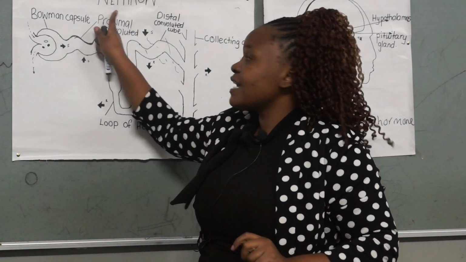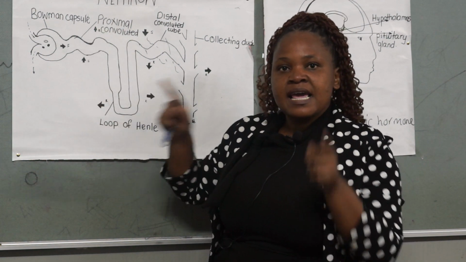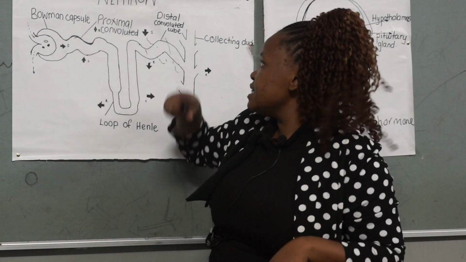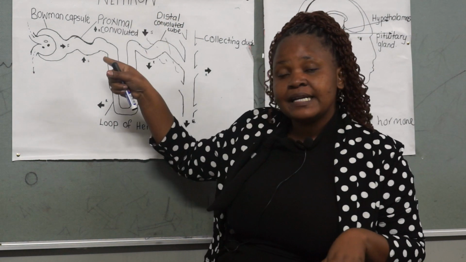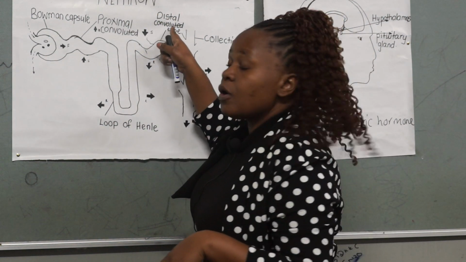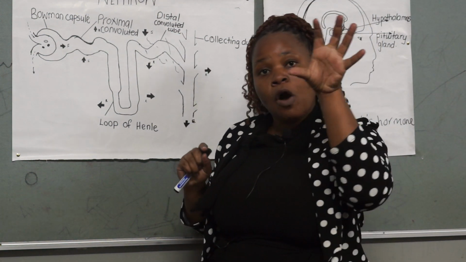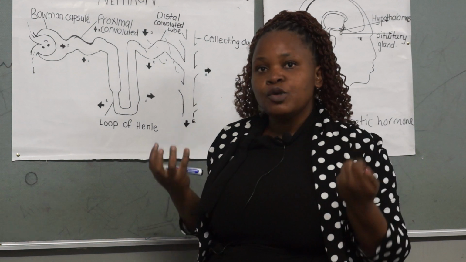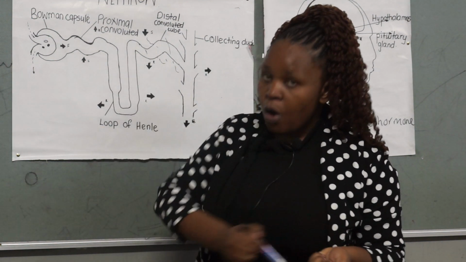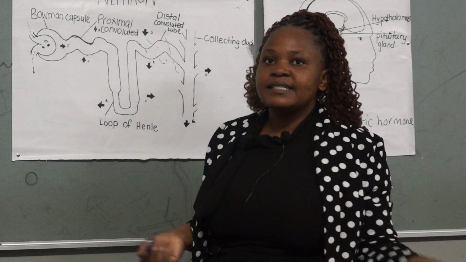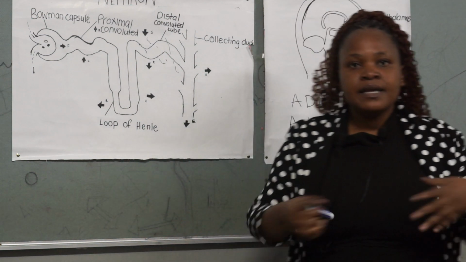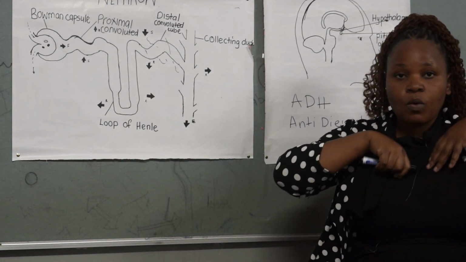Antidiuretic hormone targets the what? The kidney. Where exactly in the kidney? In the nephron. And where exactly on the nephron? The distal convoluted tube and collecting duct, so that they become more permeable and reabsorb more water, and more water is returned to the blood. Then eventually the water levels in the blood are going to be what?